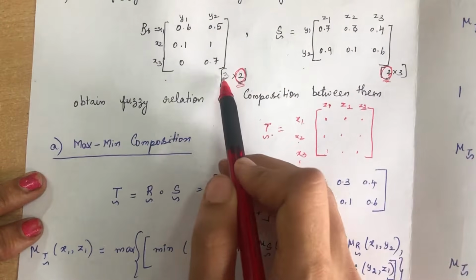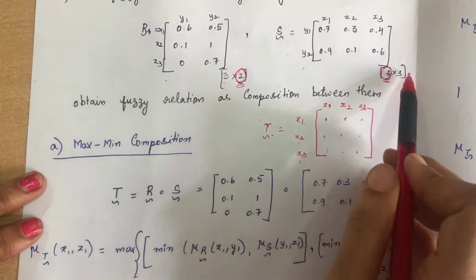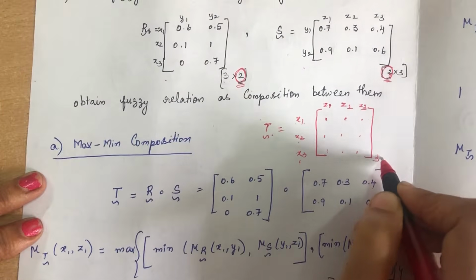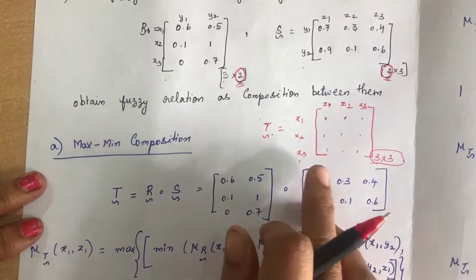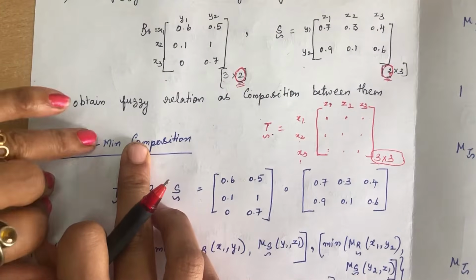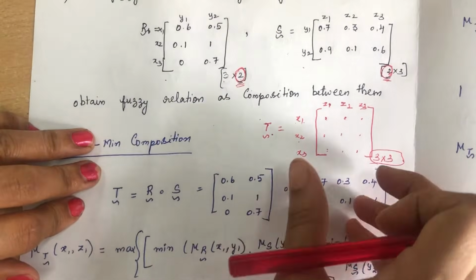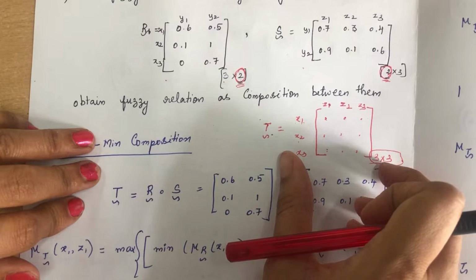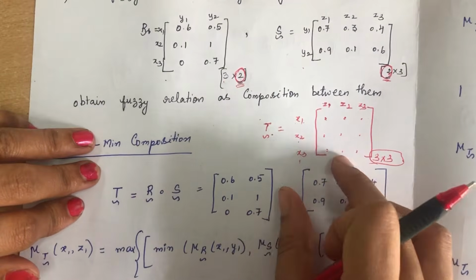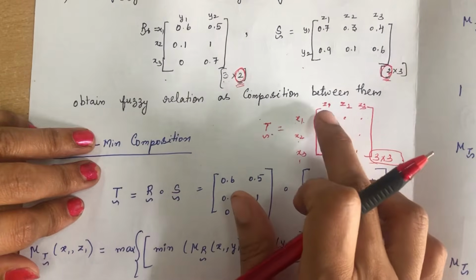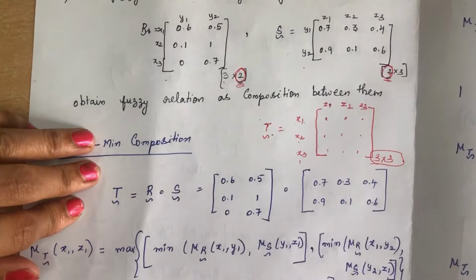So you will get a 3 by 3 matrix. This is what you have to achieve. When finding max min or max product, you should get a 3 by 3 matrix, with rows x1, x2, x3 and columns z1, z2, z3.